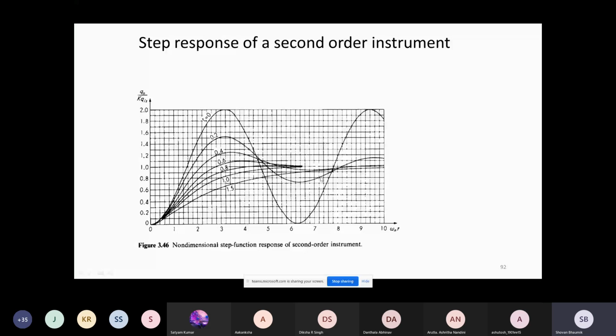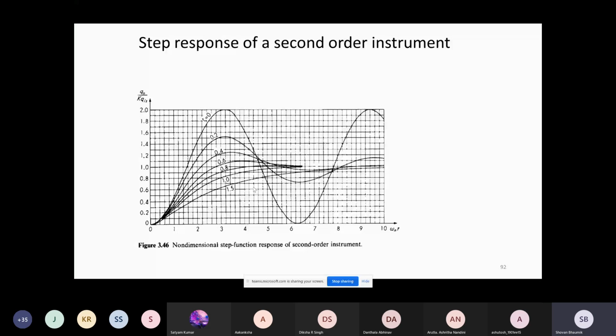When we design a system, it may become a second order system, and in that measurement system the damping may be different, or damping may not be present. This is not a desirable condition because oscillation keeps on. So we need to give some damping, and based on the damping coefficient zeta, whether it is in between 0 to 1, or 1, or more than 1, the response changes.